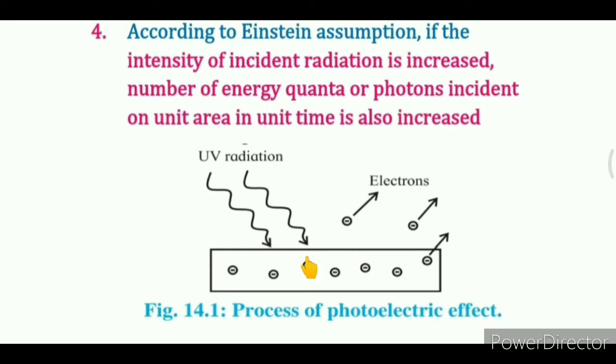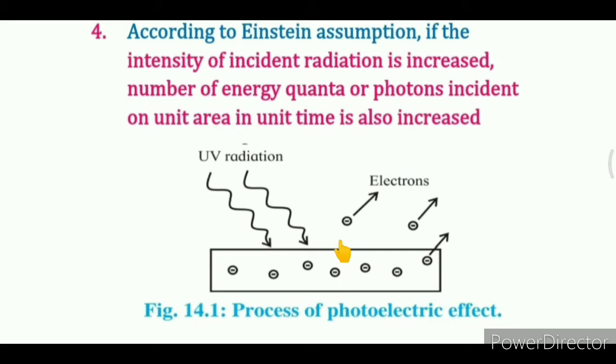And here we can say that as we have increased the intensity, the number of photoelectrons also increases. Similarly, if we consider 3 photons incident on the material, 3 photoelectrons will be emitted from the surface.